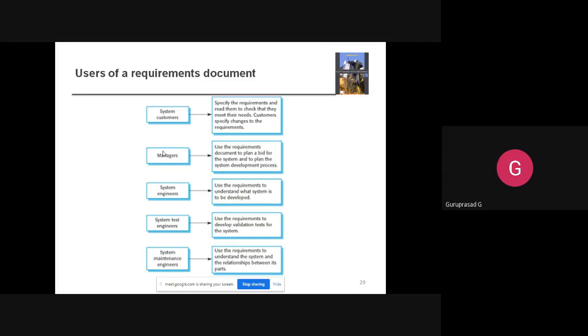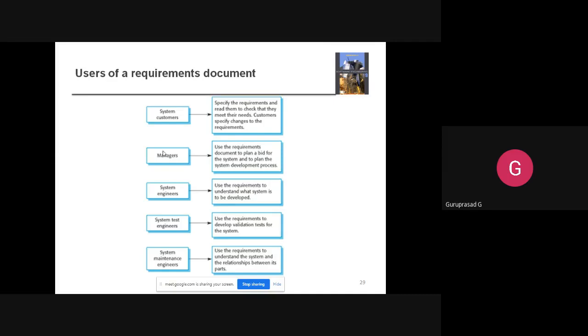Remember, we will not be having multiple copies of the requirements. We will be having only one copy of the requirements document. But how the requirements document is perceived, analyzed from different angles, by different people is different.